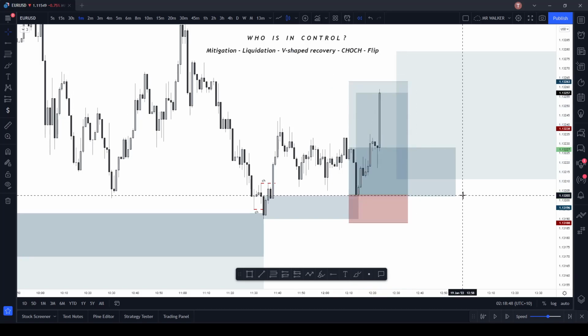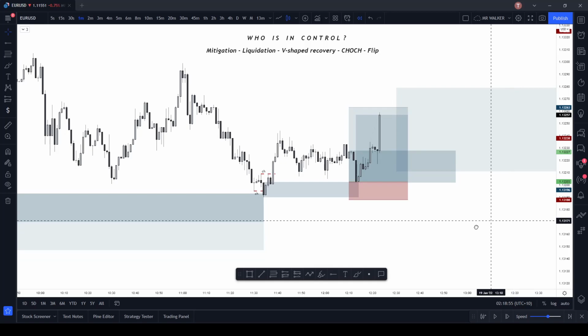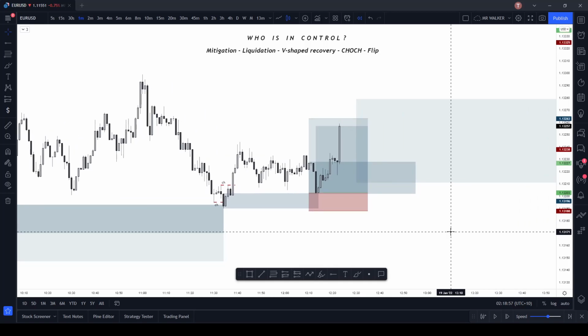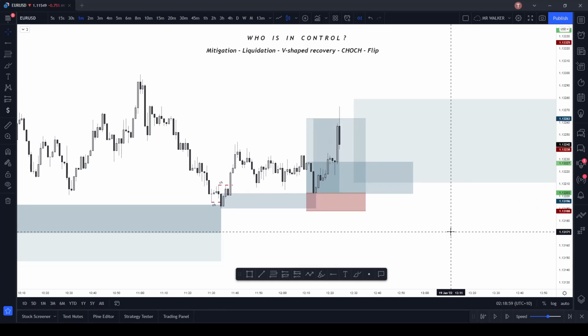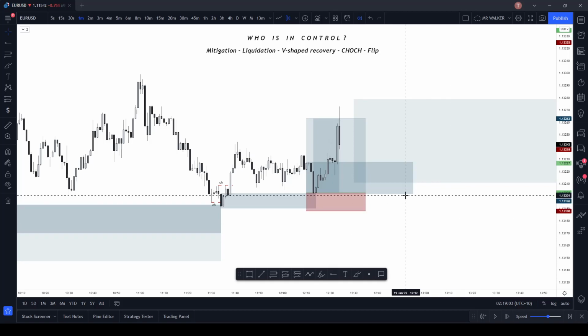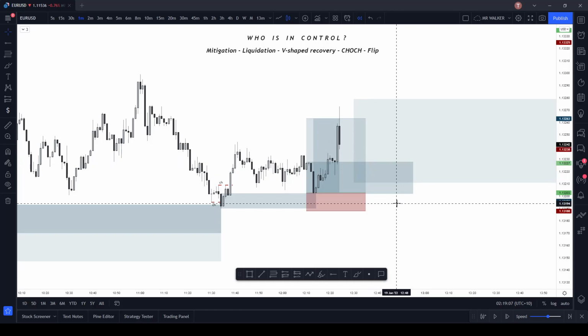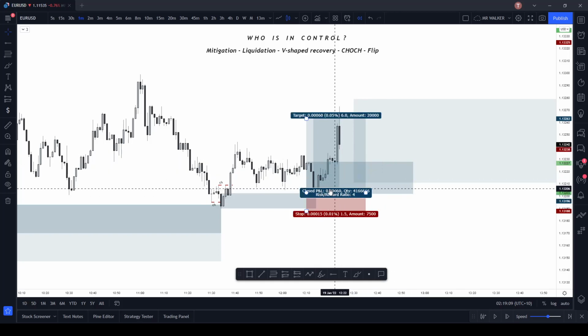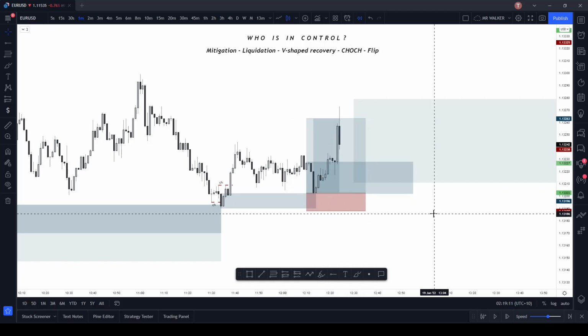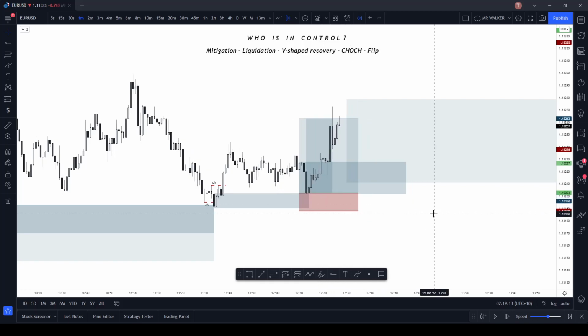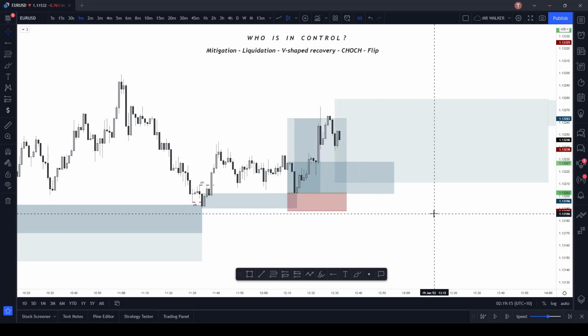So at this point, I'm going risk free, and I'm already in a great position. So we understand that, okay, now I'm risk free. Now you either take out partials, right? 20% off at 1 to 4, or you just move your stop loss to break even. So yeah, let's then see what we have.